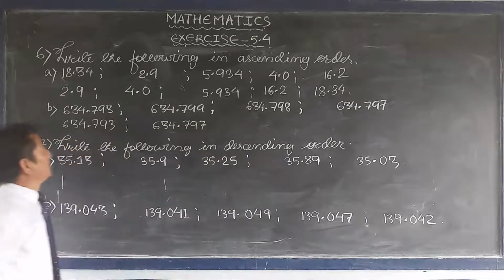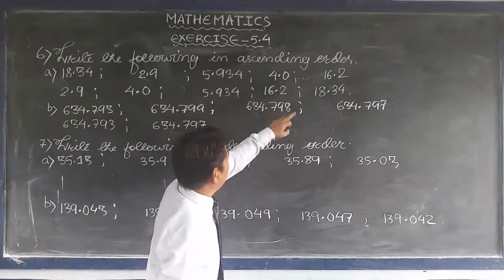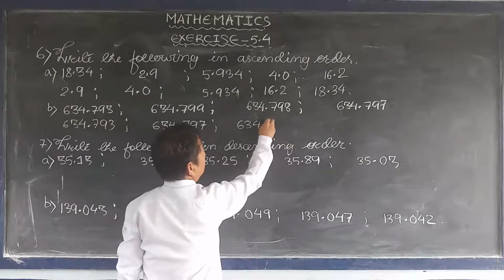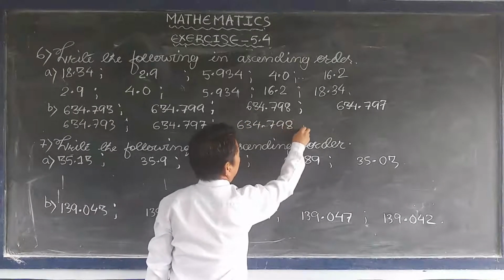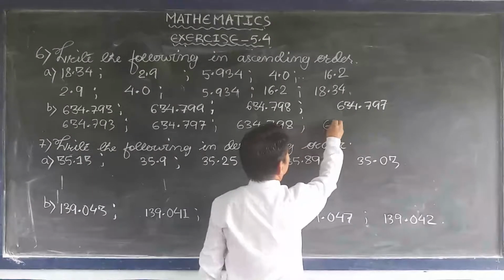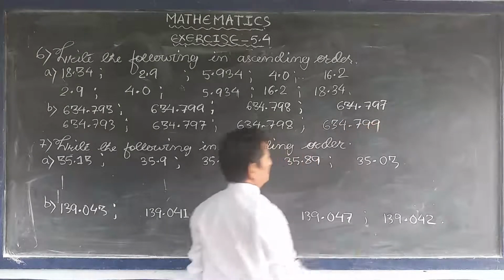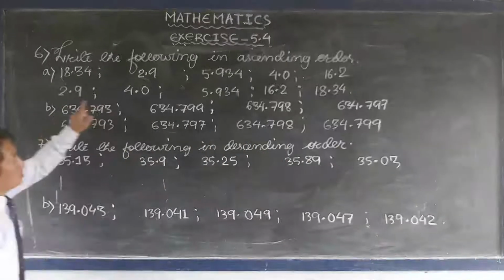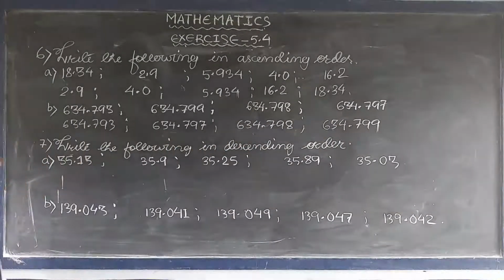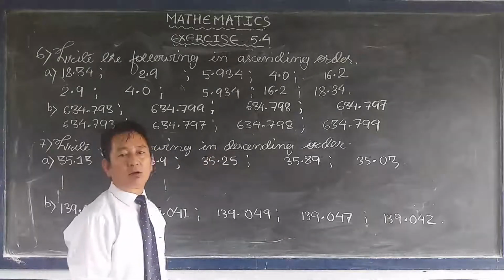Then the third one is 634.798. And the last is 634.799. Now count here, 1, 2, 3, 4.